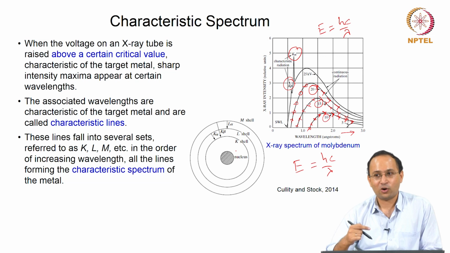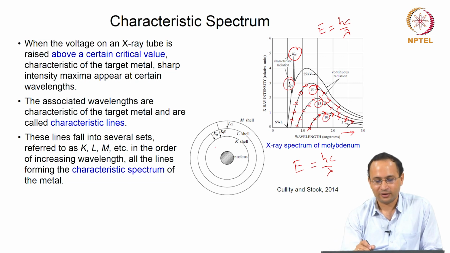If that electron has enough energy to knock an electron out of the K shell, there is a vacancy. Now an electron from the L shell will try to take its place, and this gives rise to K alpha. If an electron in the M shell takes the place of the K shell electron, it is called K beta. More likely you will have K alpha because L is closer to the nucleus. This is the reason why we get these.